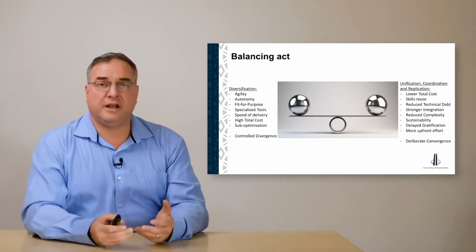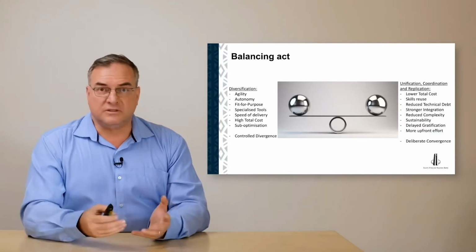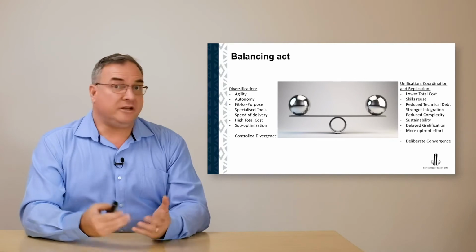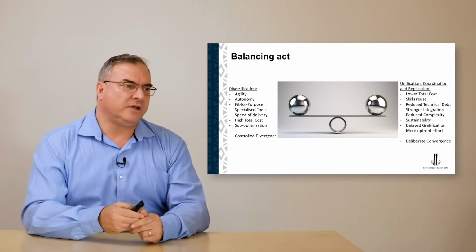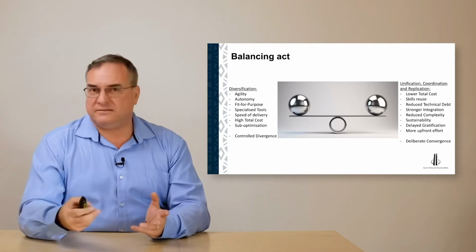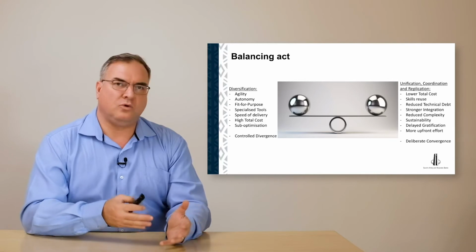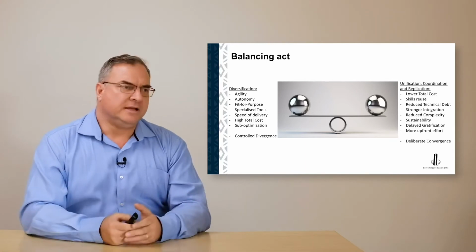How to have a lower total cost of ownership, or how to reuse skills across the enterprise, reducing technical debt, or greater sustainability in the solutions, but may mean delayed gratification for an individual business area or larger upfront effort.